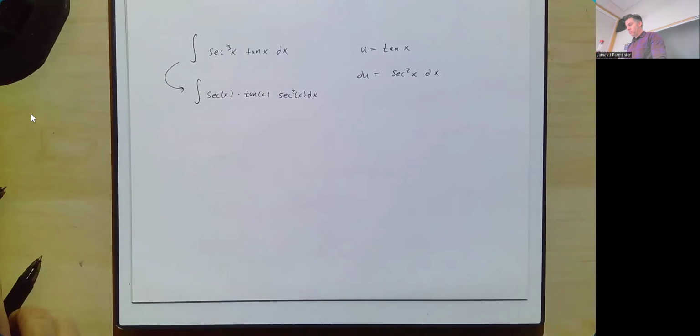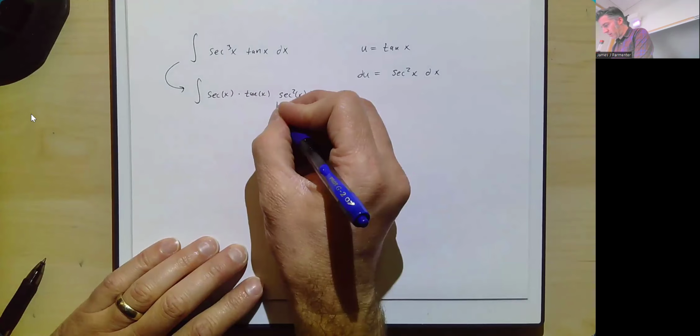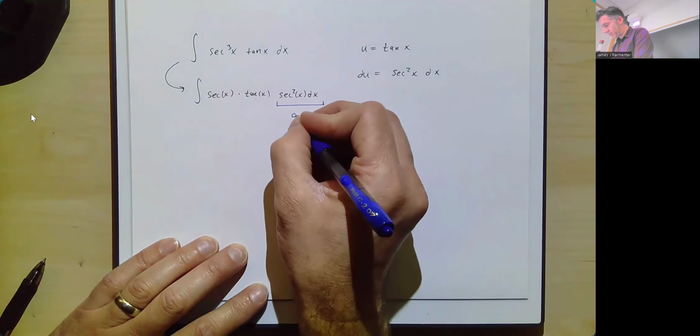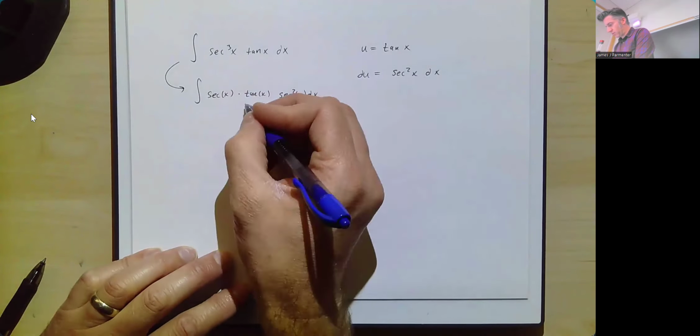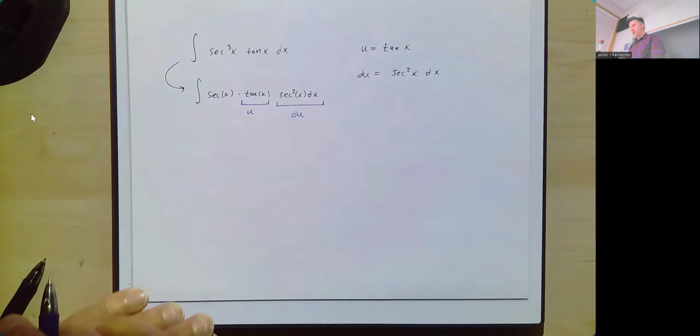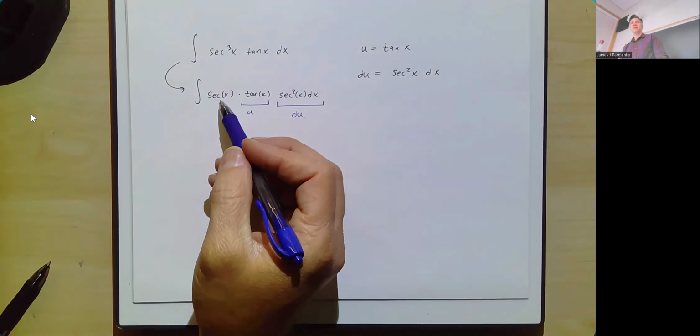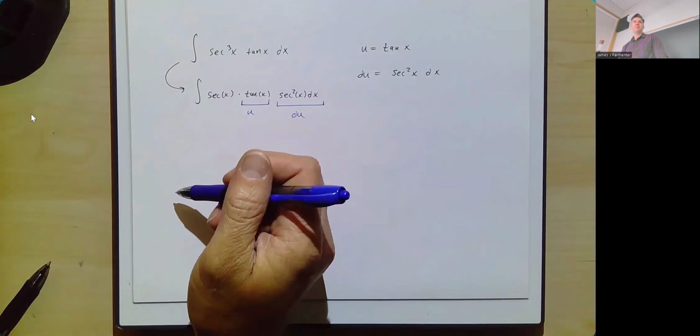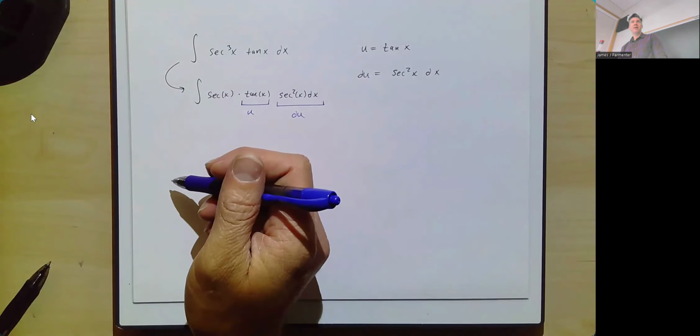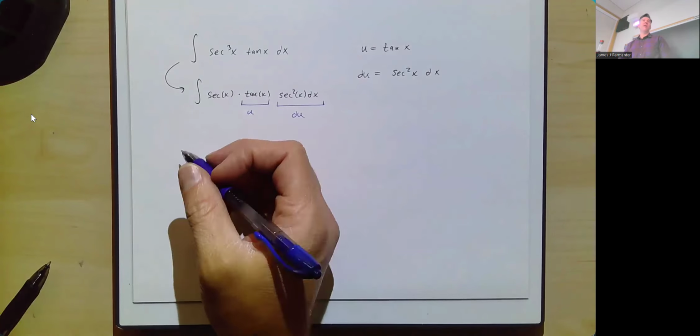So great, secant squared is my du, tangent is u. But the leftover secant is problematic. I can't do anything with that. If it was secant squared, I'd be in a good spot.